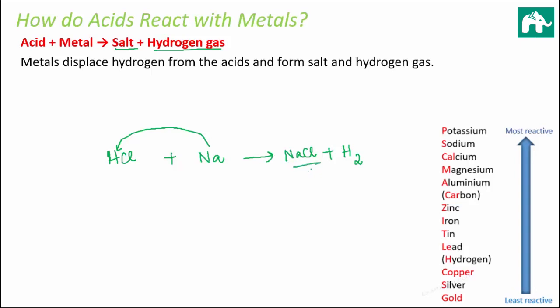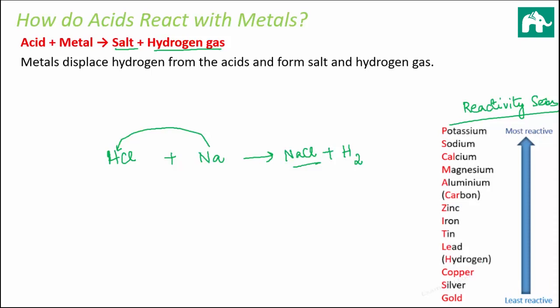Now the question is, does that mean that if an acid reacts with any metal, that metal will be able to displace the hydrogen? No, not really. There is a catch there. This is the reactivity series of metals. This series tells us which metal is more reactive than which.